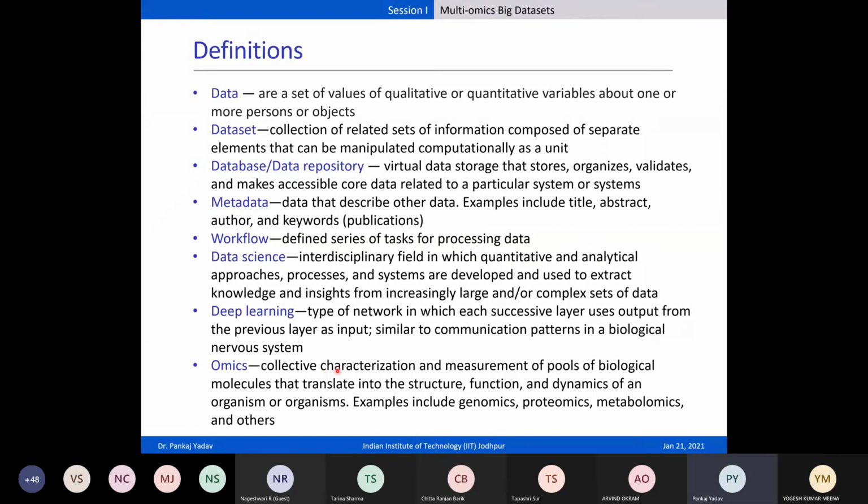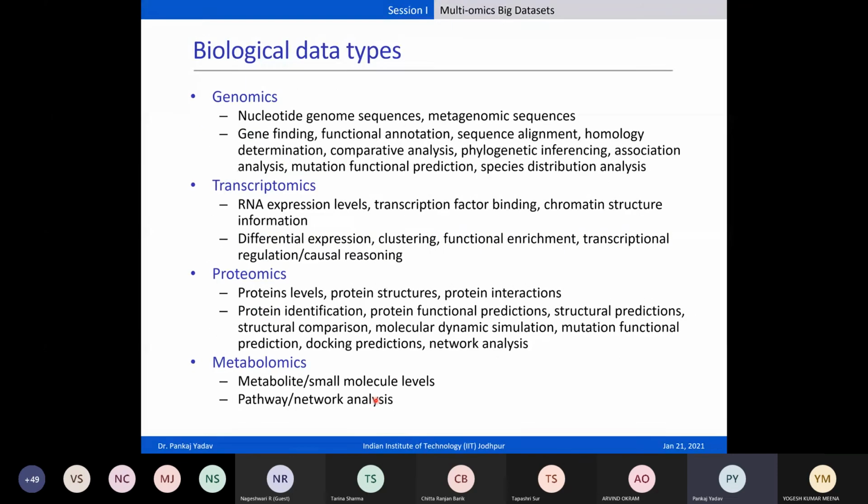Omics is a collective term for the characterization and measurement of pools of biological molecules that translate into the structure, function, and dynamics of an organism or organisms. Examples include genomics, proteomics, metabolomics, and other types of omics. Phenomics, for example, is also part of this. I will talk about this in the next slides.